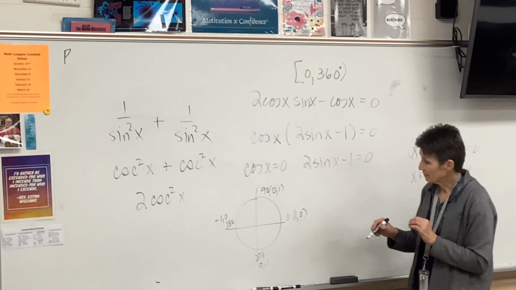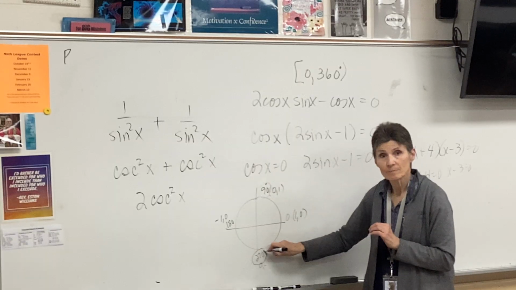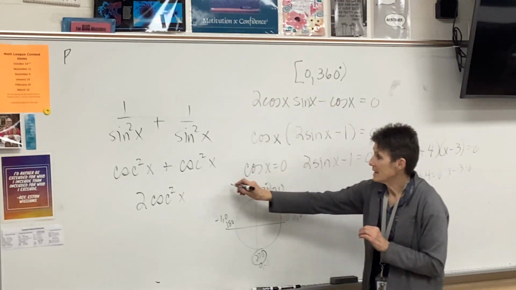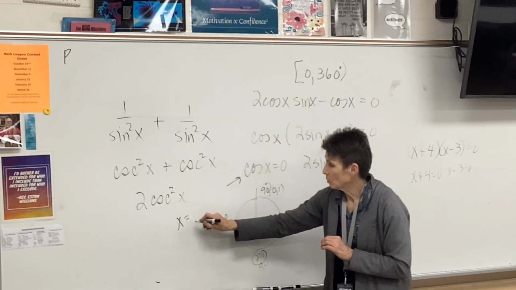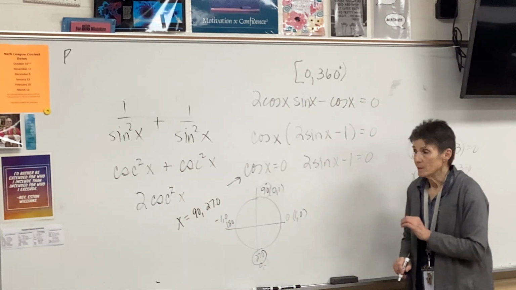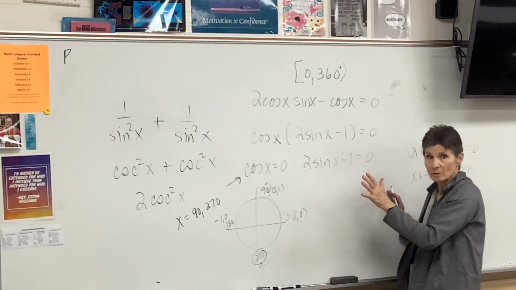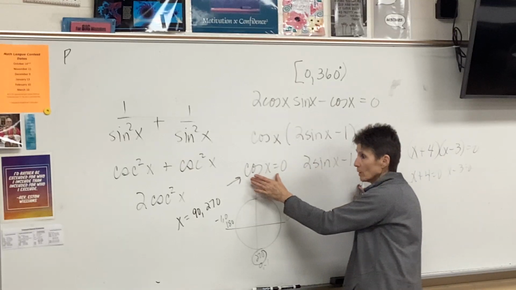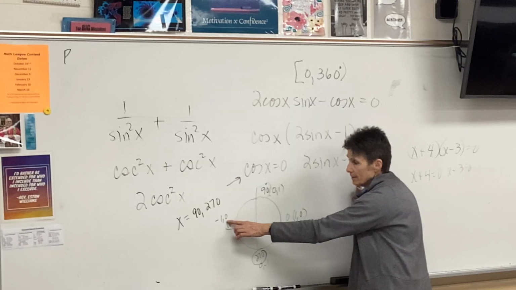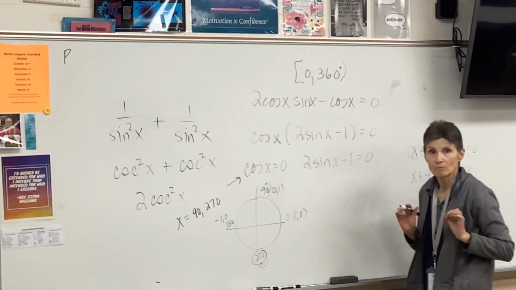All right, where does that happen? Right here and right here. So this first part of the problem, the answers are x equals 90 or 270. So this is going to have answers and this is going to have answers. So we're going to have a lot of answers to the problem. So far we have found where cosine is 0 here and here. Not here, not here, just here and here. Those are the 2 answers we got so far.